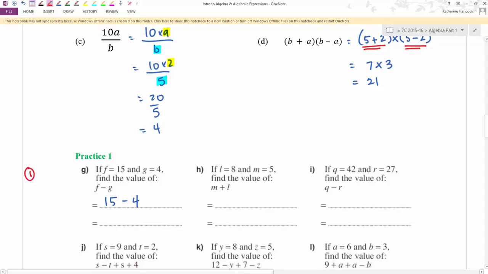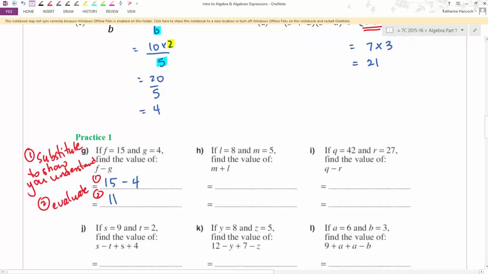So step 1 is substitute to show that you understand. And the second step is to evaluate to get an answer. And 15 minus 4 is 11.